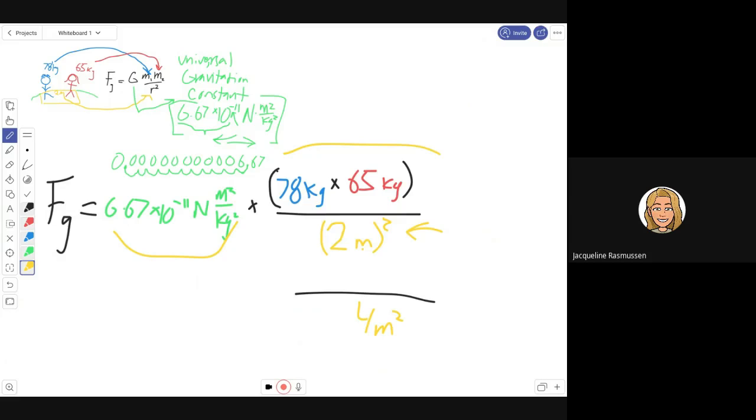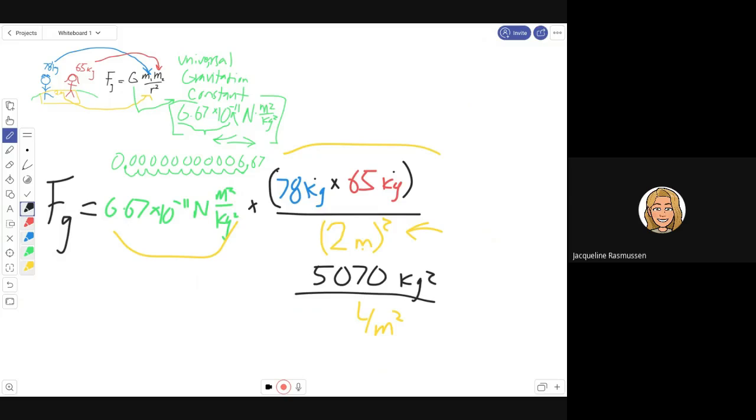And then up here, 78 times 65. I'm going to go ahead and just throw that in my phone calculator. Don't feel like I need to walk you guys through how to do 78 times 65 in the calculator. You end up with 5,070, and then it's going to be kilograms squared because you had kilograms times kilograms.